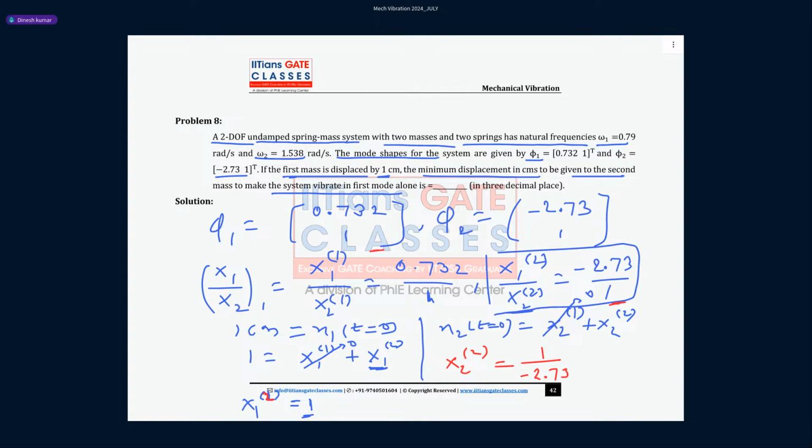Have I written correctly? Is the transpose written correctly or is it reversed? First, guys, tell me. Correct, na? 0.73 to 1 transpose. Is it correct?